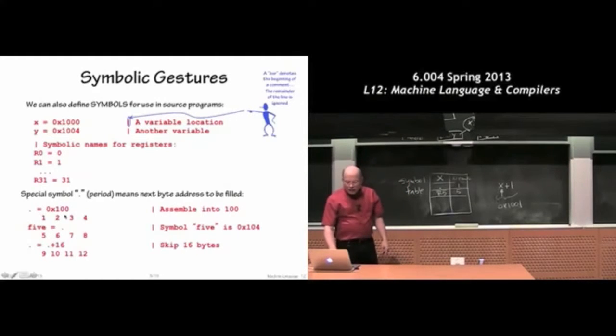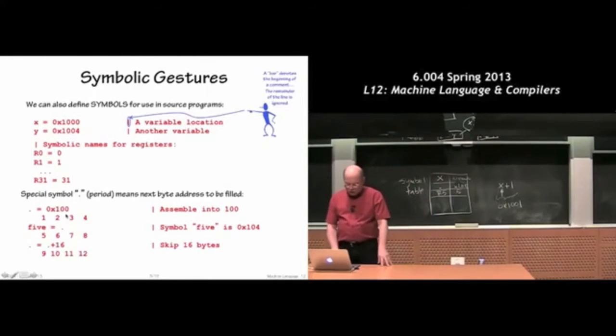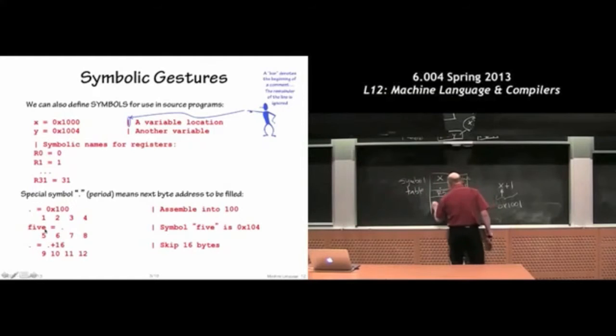And so this basically says, okay, dear Mr. Assembler, please set dot to hex 100, which means I want you to start filling memory at byte hex 100. And then here's some values, 1, 2, 3, 4. And now you can sort of see, this expression here basically says, oh, the symbol 5, so we're going to add a new entry to my symbol table.